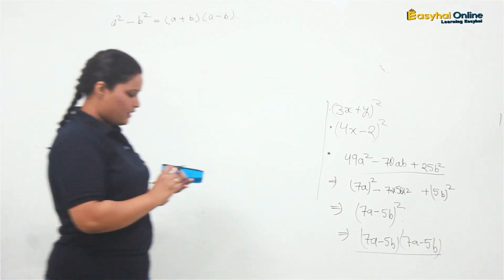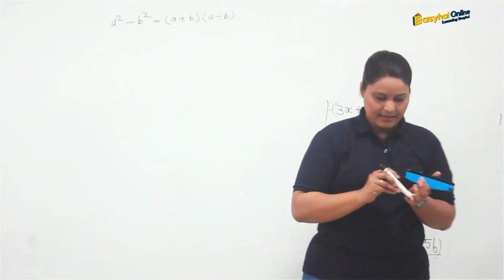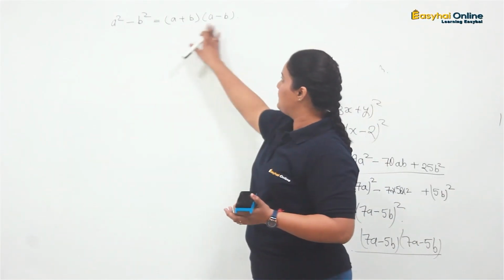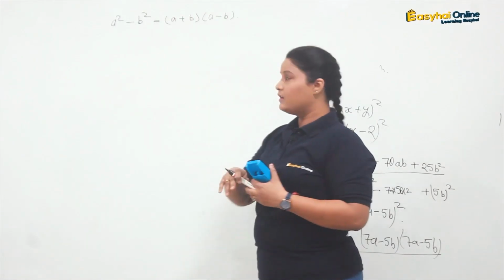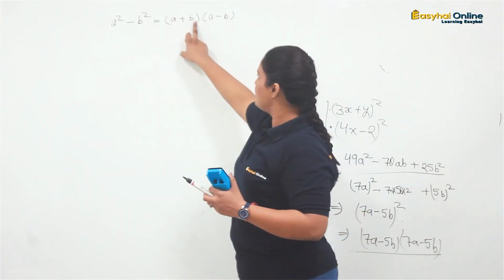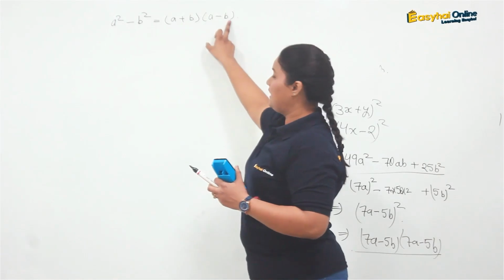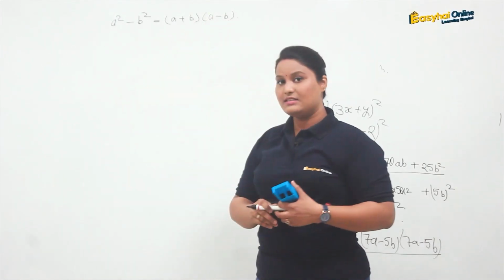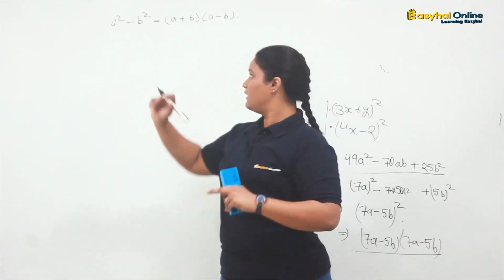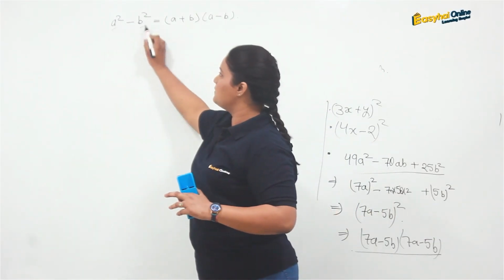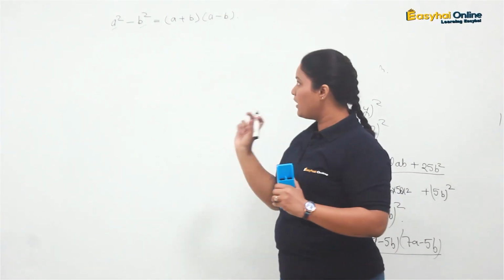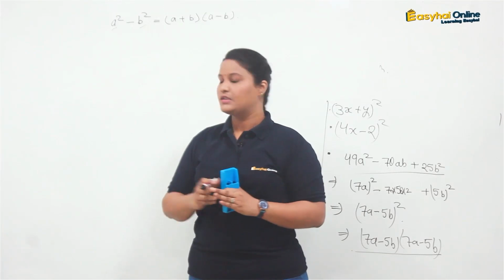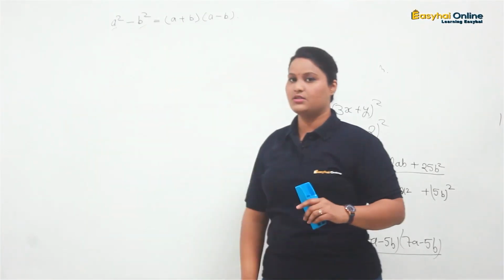Till now we have just discussed two brackets multiplied having the same sign, but in this question the magnitude is the same, a and b, but the sign is different. In this case it is not the whole square, it is a square minus b square, because the 2ab and minus 2ab parts will cancel out. So a square minus b square.